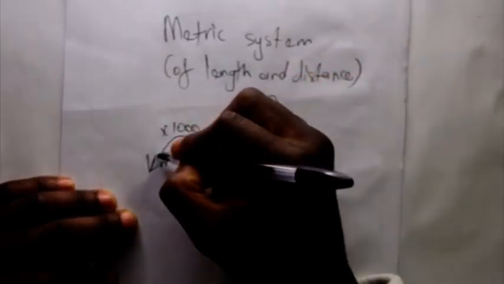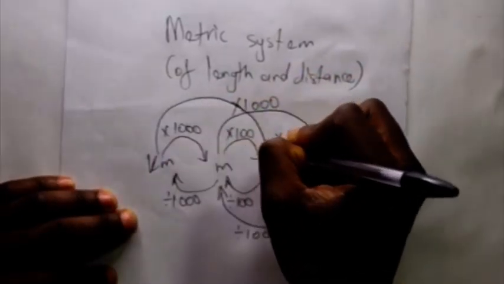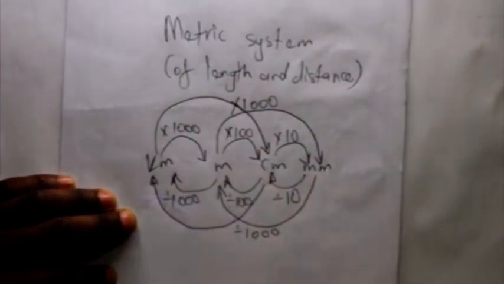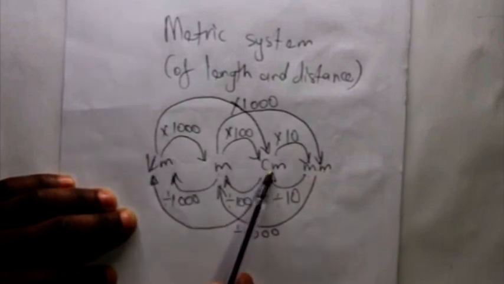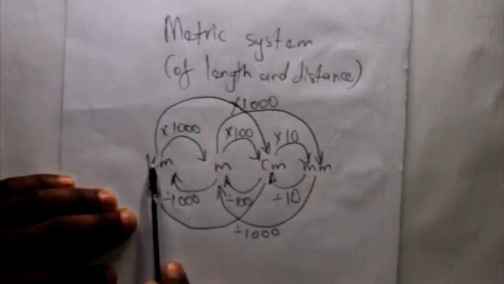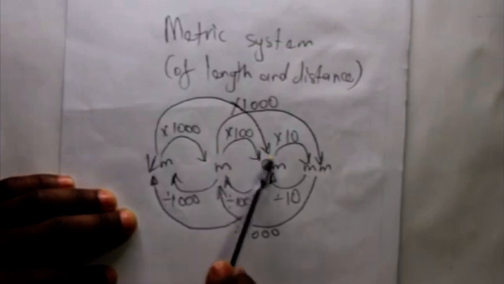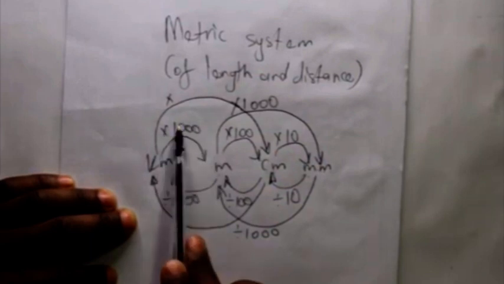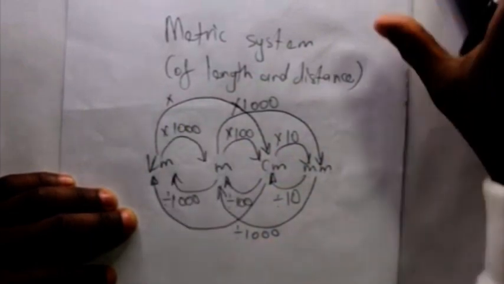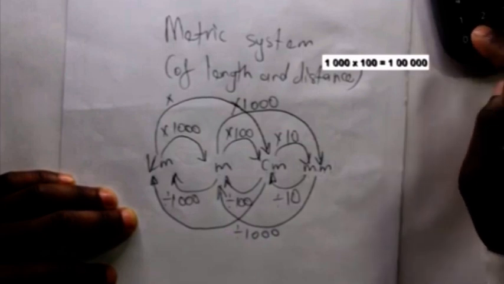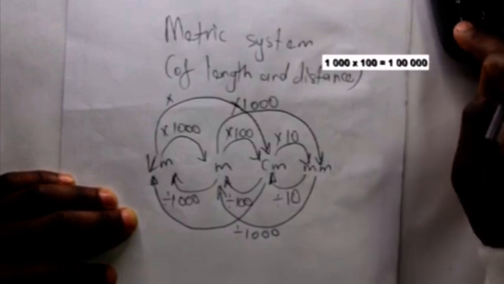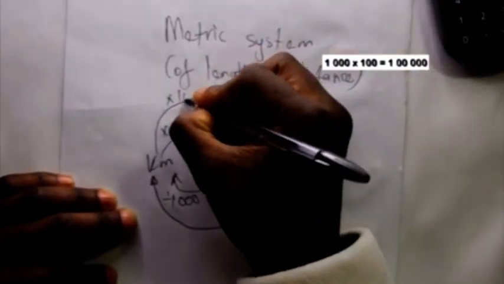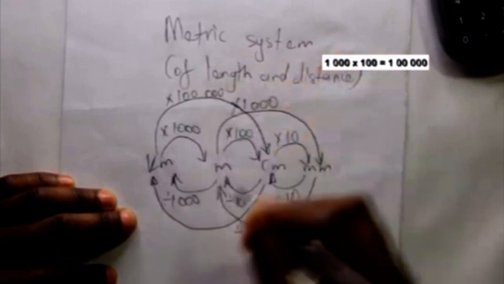Then from kilometers straight to centimeters, rather than from kilometers to meters then to centimeters, we multiply. On a calculator, you say 1,000 times 100, and you will get 100,000.